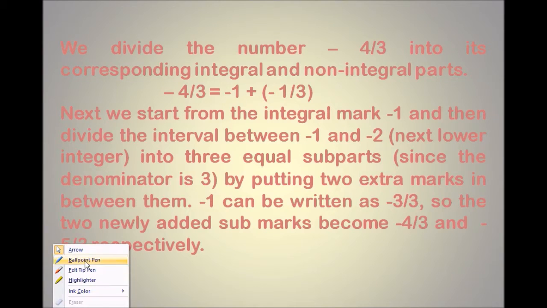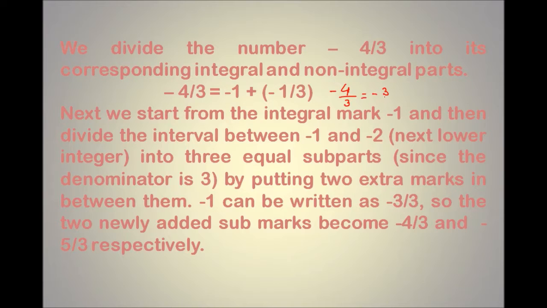How do we do that? Minus 4 by 3 can be written as minus 4 by 3 is equal to minus 3 by 3 plus minus 1 by 3. And minus 3 by 3 is nothing but a minus 1. So it is minus 1 plus minus 1 by 3.